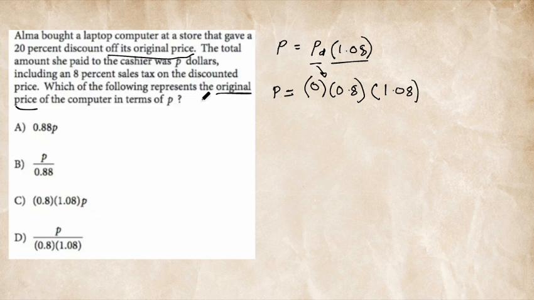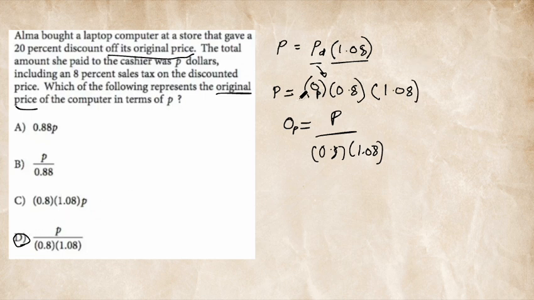But now we need to solve for the original price in terms of P. So we write original price O, and maybe we can write OP here to not confuse it with 0. So the original price is P divided by 0.8 times 1.08, and that is indeed one of the options, which is over here, D. So this is the correct answer.